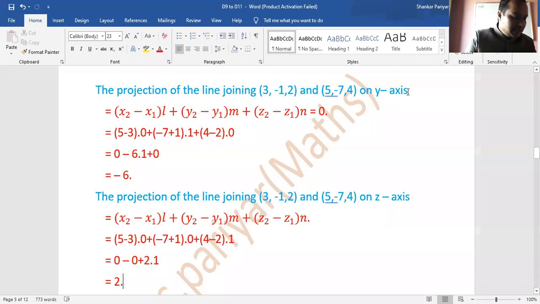On the y-axis means, what is the directional cosine on the y-axis? Unique, tell me. 0, 1, 0. Very good. The directional cosine with the y-axis is 0, 1, 0.